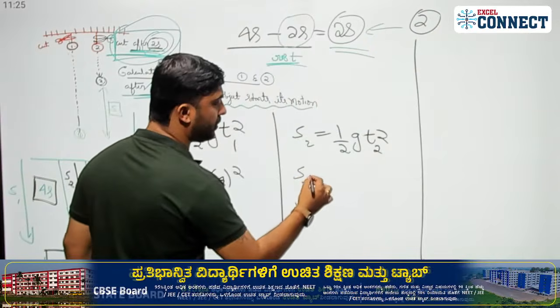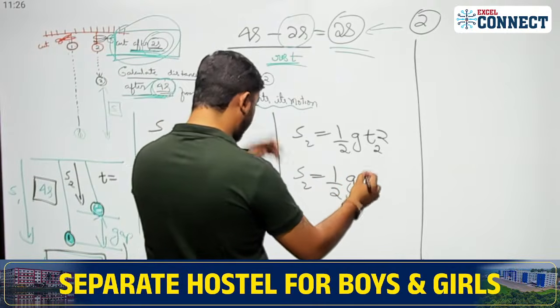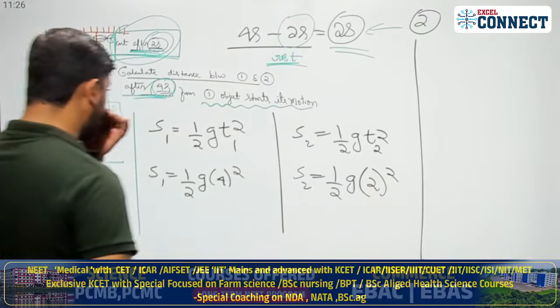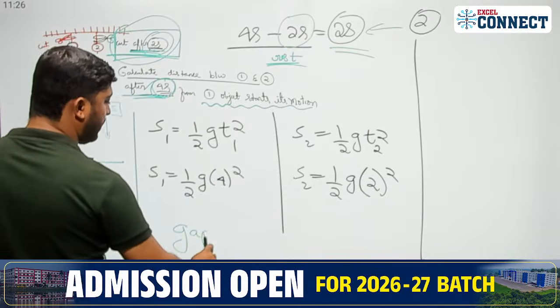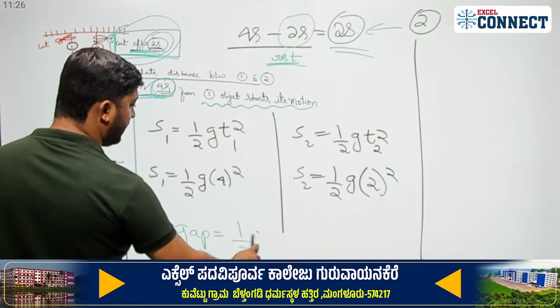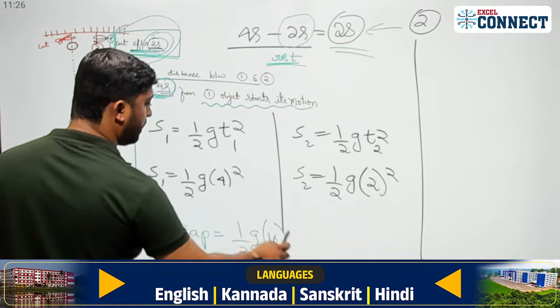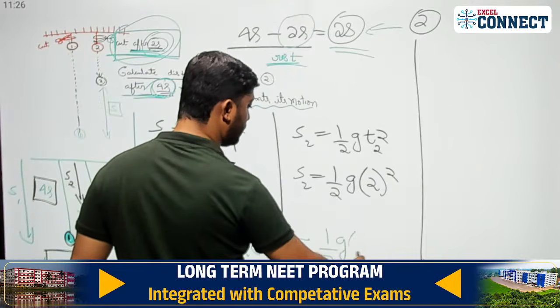So S2 is equal to half g t square, where g is acceleration due to gravity and t is 2. So if you subtract them, what will you get? The gap is S1, 4 square is 16, minus half g, 2 square is 4.